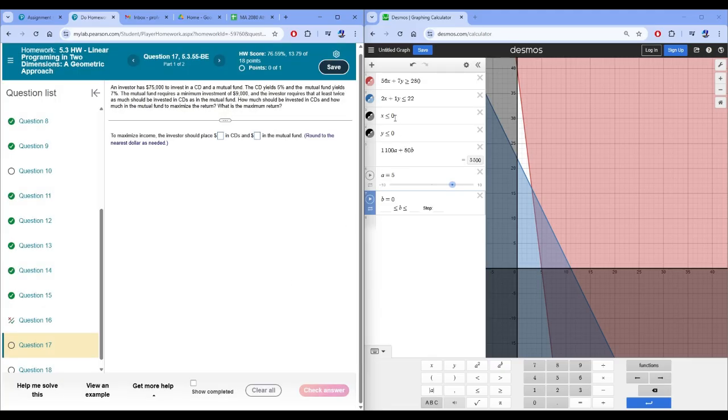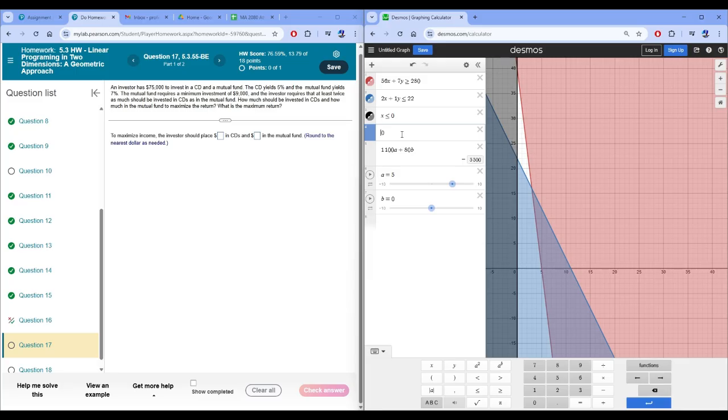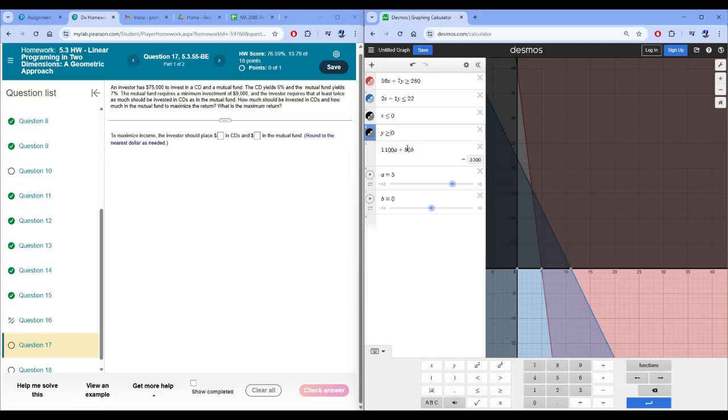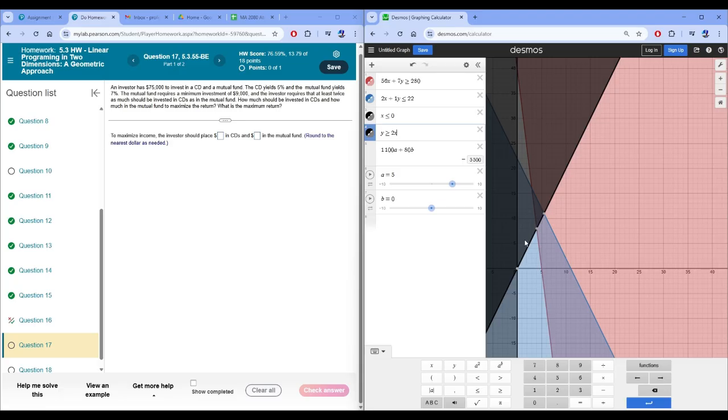I have my first equation where X is going to be CDs. The investor requires that at least twice as much should be invested in CDs as in the mutual fund. So that means Y must be, this is going to mess me up, Y is greater than or equal to 2X. So I do that. That's the region.